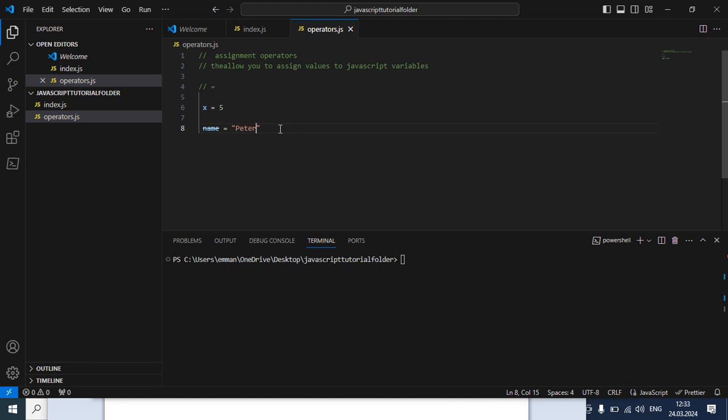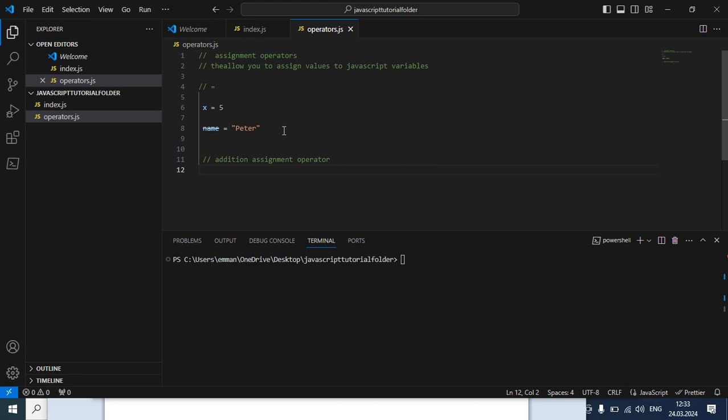So also we have the addition assignment operator. This is how it works.